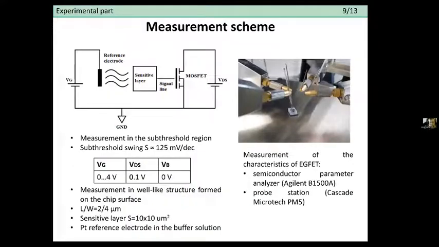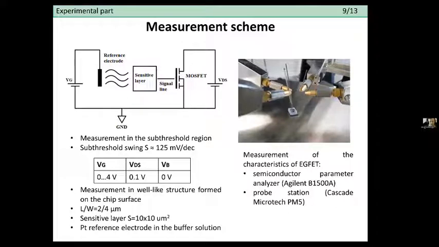So this is the measurement scheme of the ISFET transistor. This was done on a probe station using a Keysight B1500A parameter analyzer on a sample chip, and the electrolyte was on top of this chip inside a well-like structure, which was formed on the surface of the chip using a direct lithography method.